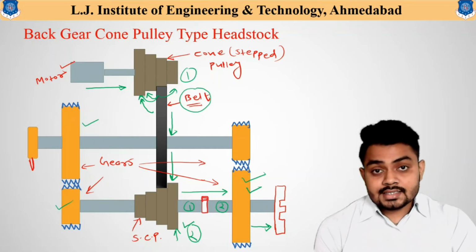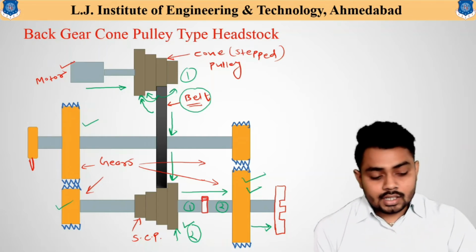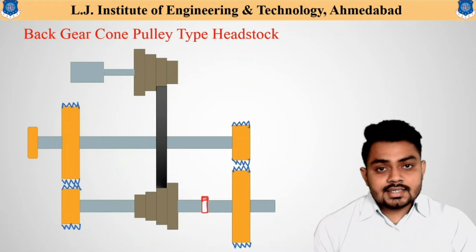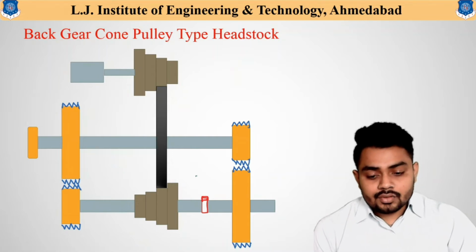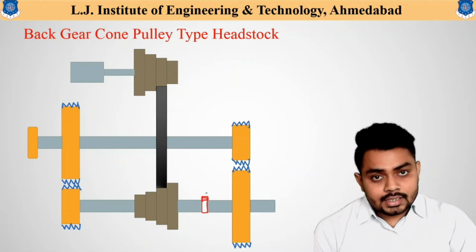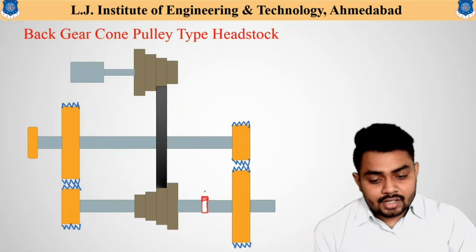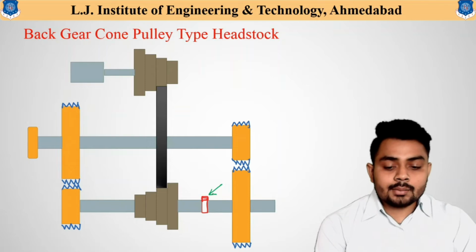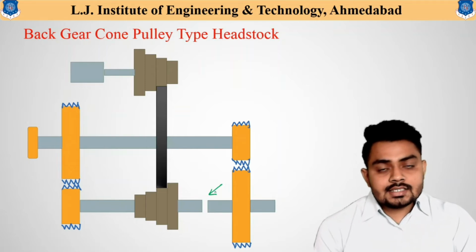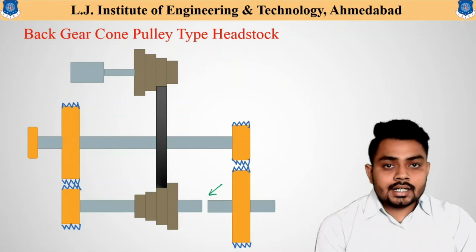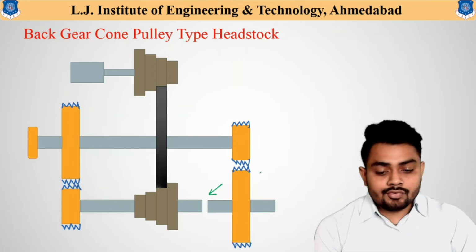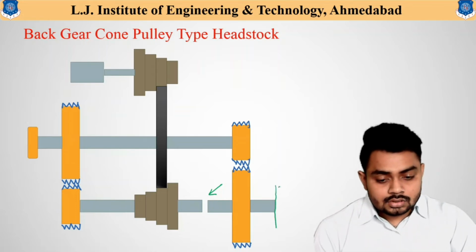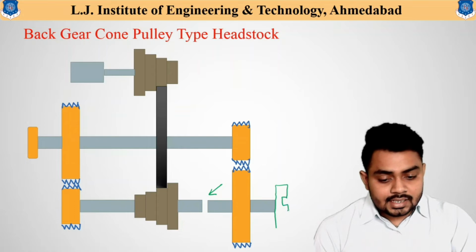So how that speed reduction can be obtained, now we will discuss. Again, see this particular arrangement. Now when we disengage these two shafts, what happens? Direct speed cannot be transmitted from the motor to the final spindle arrangement.